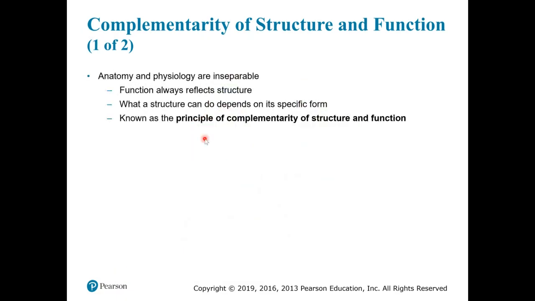What else about this? Complementarity of structure and function. That means these two complement each other. What something can do, its function, is based upon its structure. Let's talk about the bicycle. I don't have a picture of a bicycle handy. I should plug one in here. You know what a bicycle looks like. Think about the wheels.